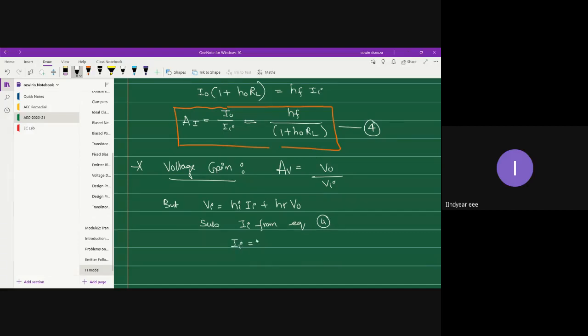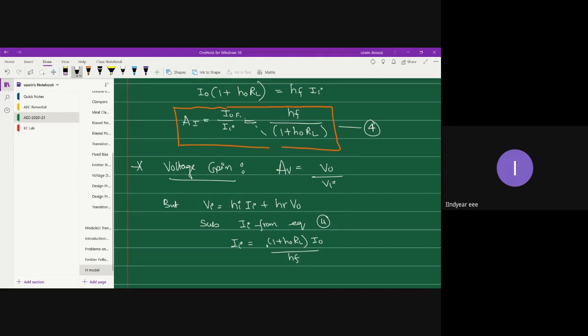II is equal to, basically, by cross multiplication, 1 plus H naught RL into I naught divided by HF.